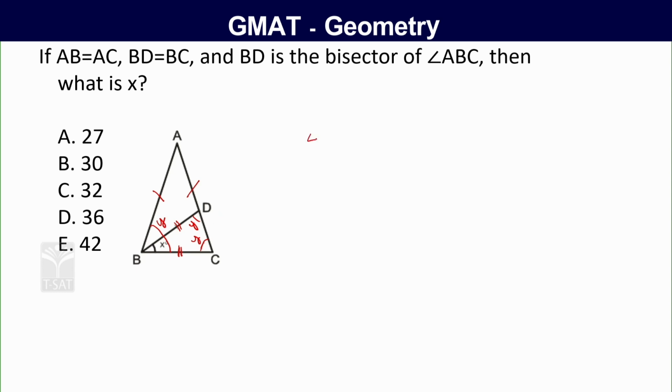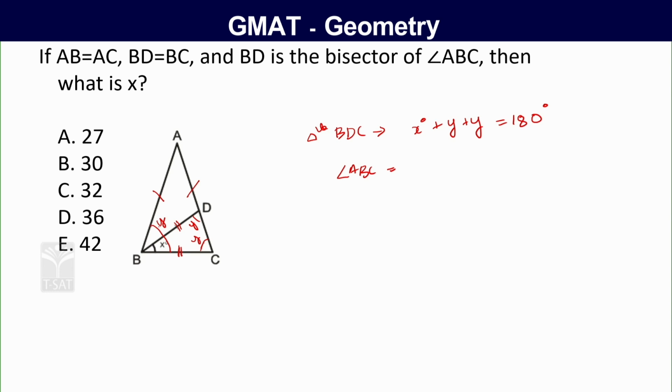Let's look at BDC. When you're looking at triangle BDC, you know the angle subtended at B is x degrees plus angle subtended at D is y degrees plus angle subtended at C is y degrees. This is equal to 180 degrees. And they are saying that BD is the bisector of angle ABC. The angle at ABC is bisected.